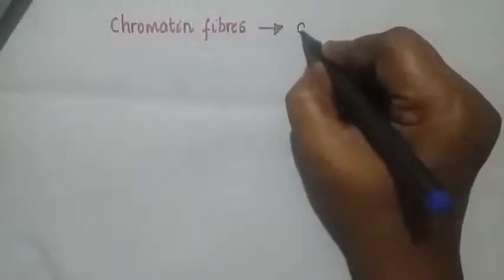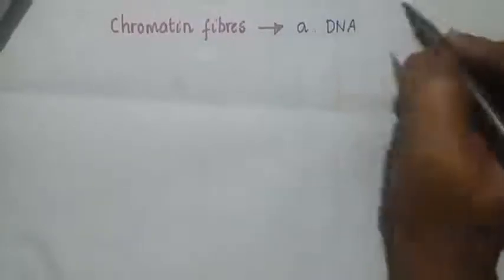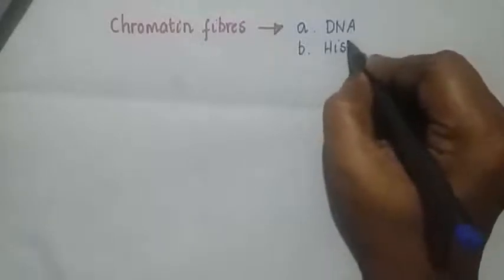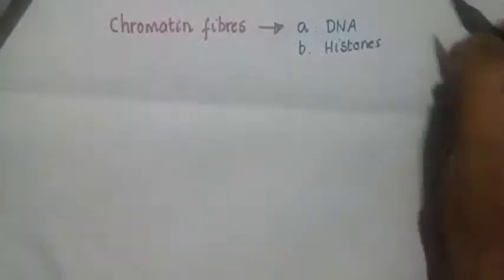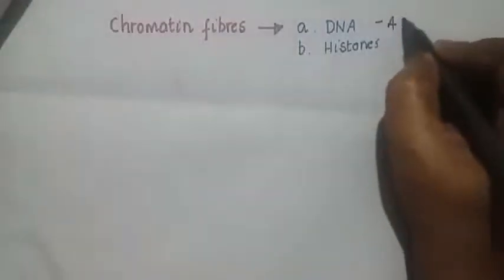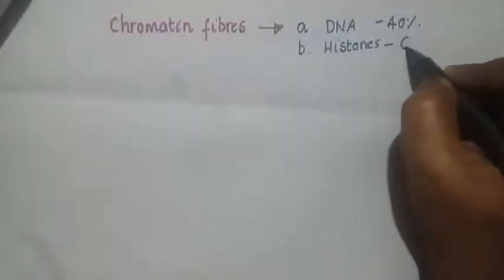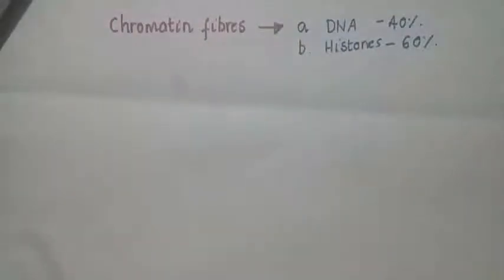The first part is known as DNA, and the second part is known as histones. About 40% of chromatin fibers is made up of DNA, and the remaining 60% of chromatin fibers is made up of histones.